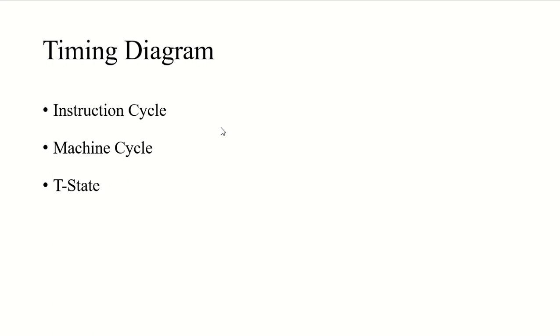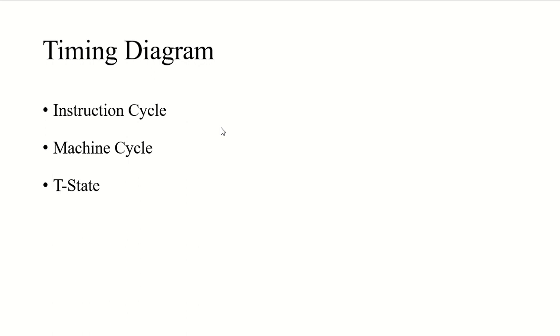The timing diagram is the diagram that answers all these questions, right? We draw a graphical representation of steps with respect to time, including the clock, and this graphical representation is called the timing diagram.